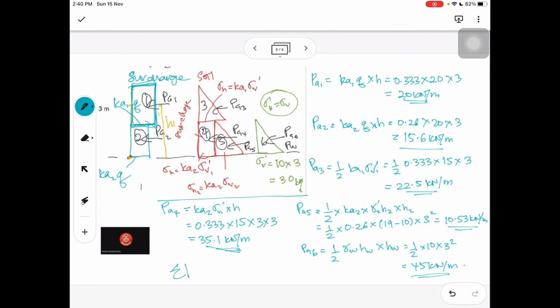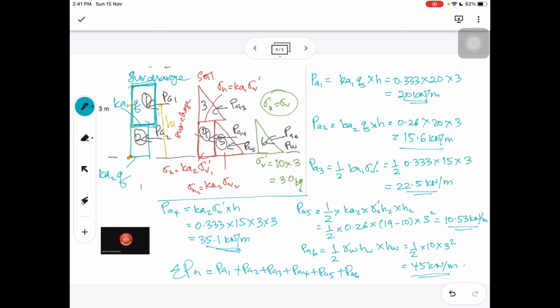And now the total PA, the total lateral thrust is equal to PA1 plus PA2 plus PA3 plus PA4 plus PA5 and plus PA6.